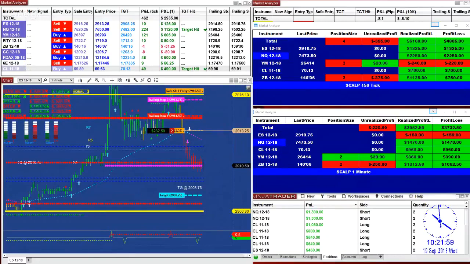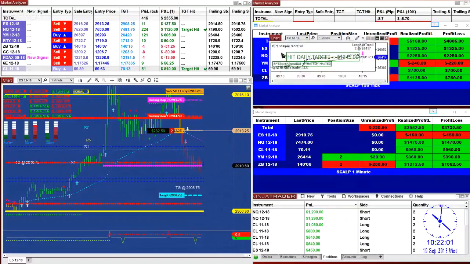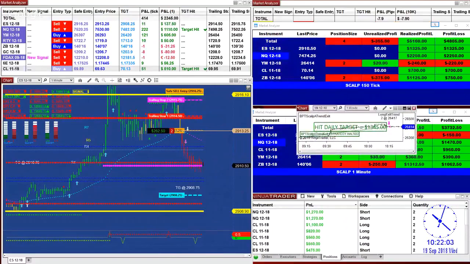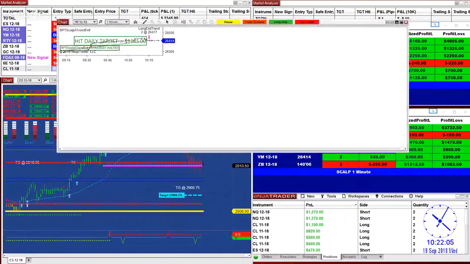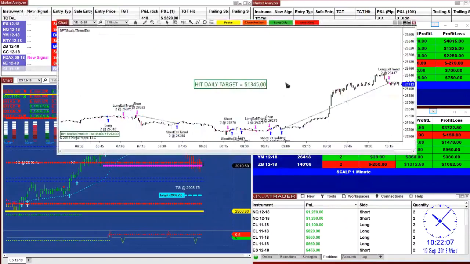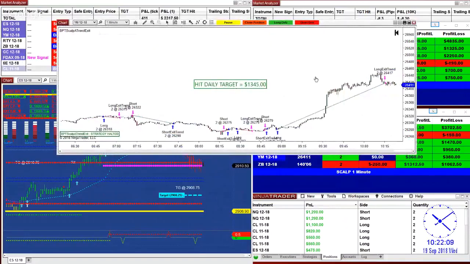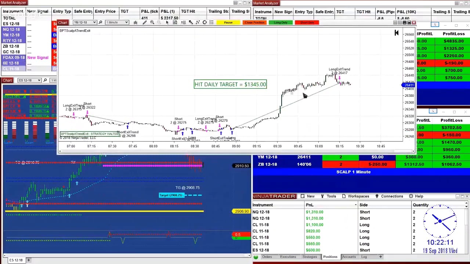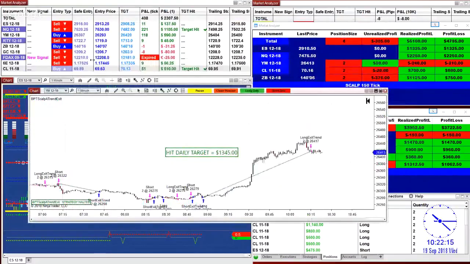Okay, the YM on the swing trading 1 minute has hit the target. You can see what is the chop, and nailed 1,345. Okay, there is a new signal on the DAX, 2208, target 181.